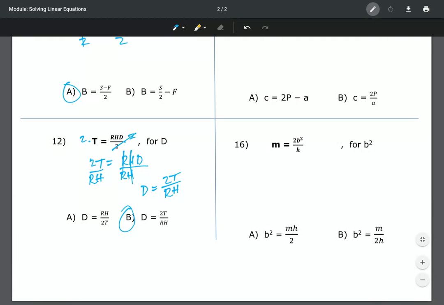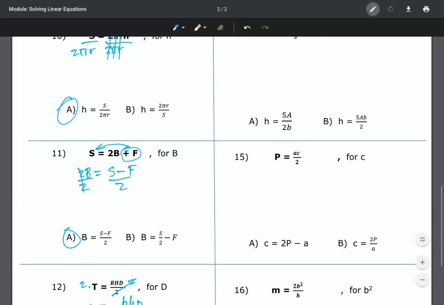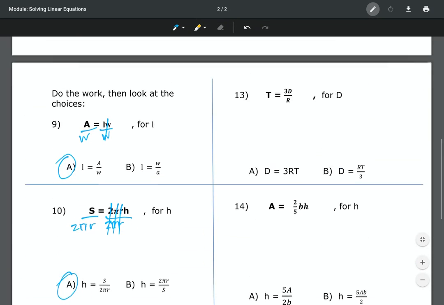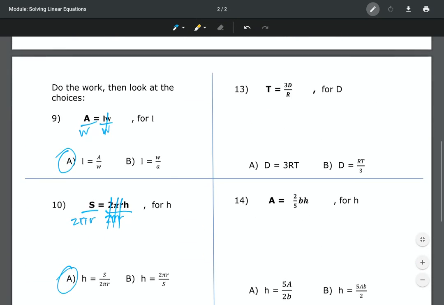Okay, all right, so now we're going to go back up to the top on the right side and catch number 13. So here we're going to solve for D. Now we have to get rid of that R in the denominator. So it's just like if it was a number. So we're going to multiply by R, cancel. Whatever you do to one side, you do to the other.